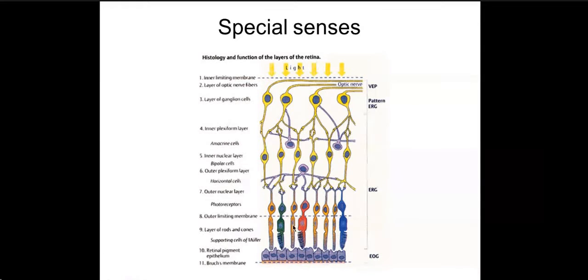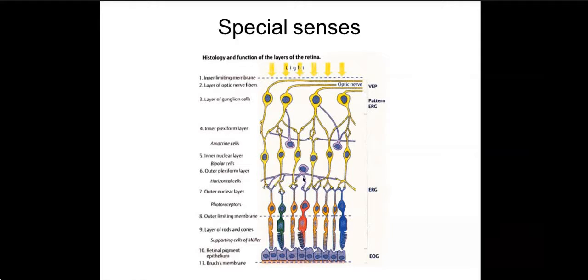These are the cones: one red, one blue, one green colored. And the yellow colored cells are the rod cells, right? Here is the nucleus of the cells, and here is the axon of the cell. Finished.